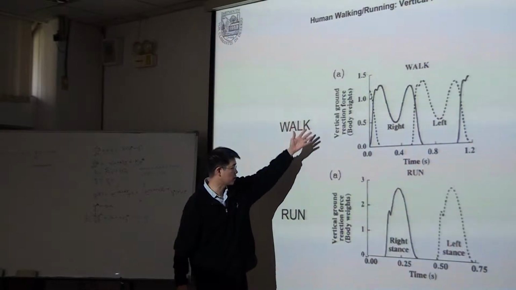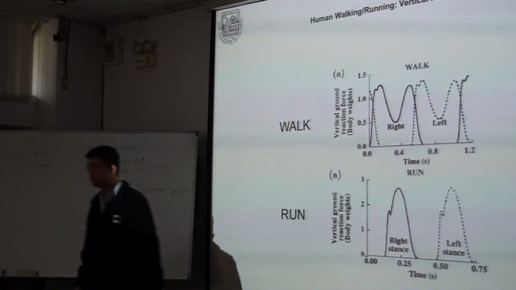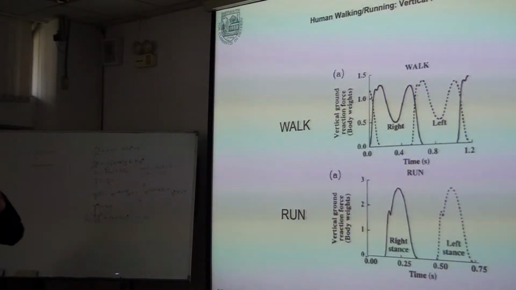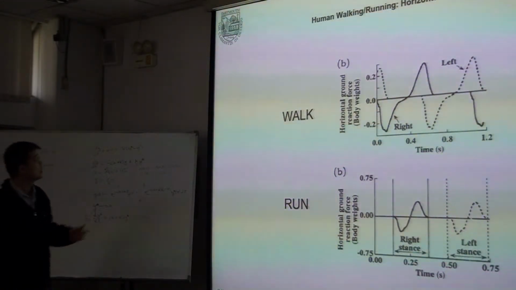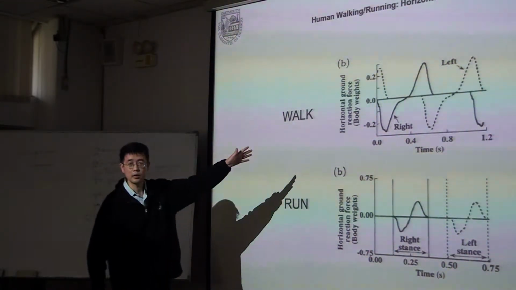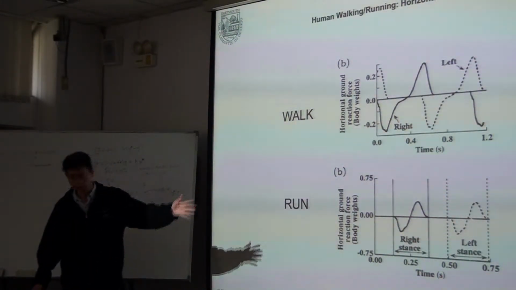That's a vertical component. And this is what happens if you run instead of walk. So people who study these behaviors figure out what the forces are. This is now the horizontal component of the person walking versus running.